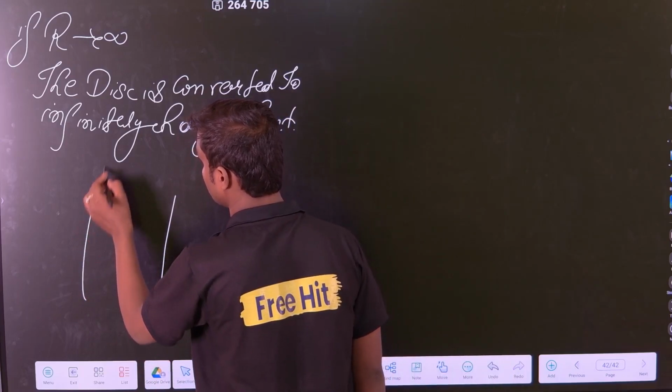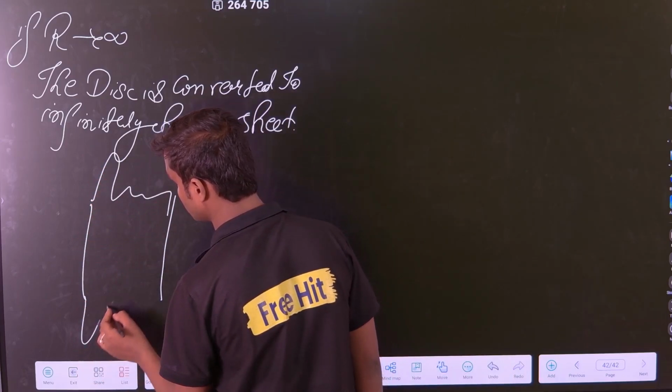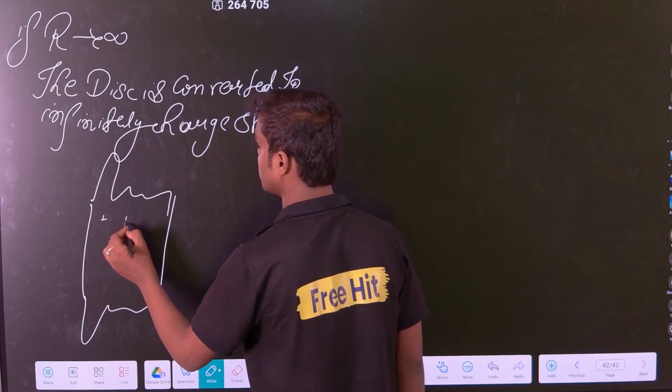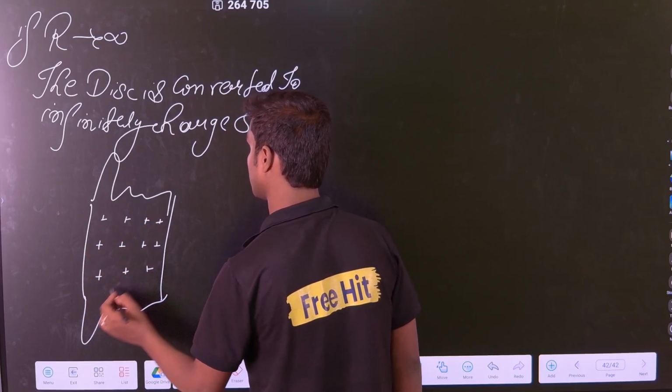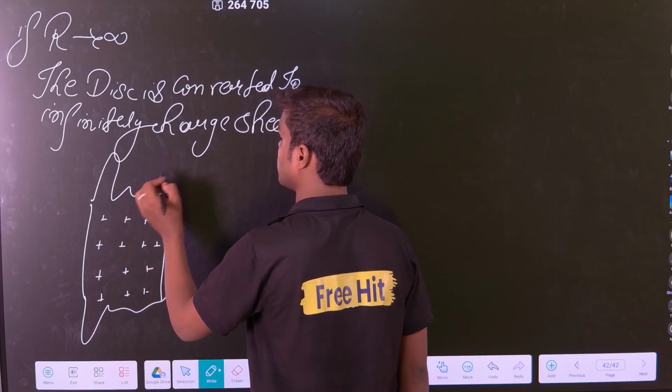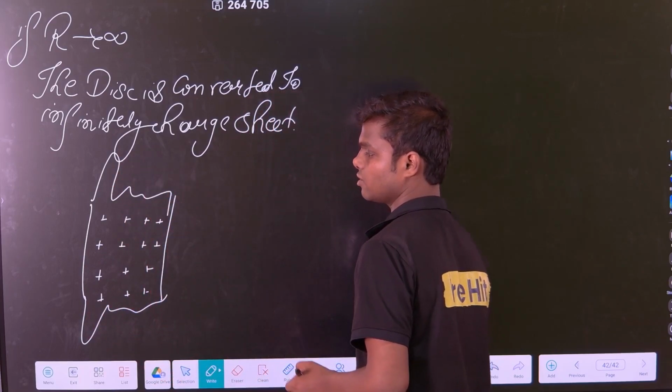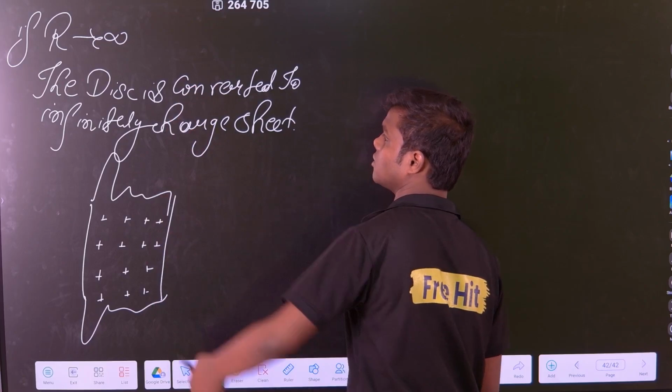Okay, it will be converted to an infinite charge sheet. This means the sheet is going up to infinity, like plus infinity to minus infinity. Okay, that is if R tends to infinity.